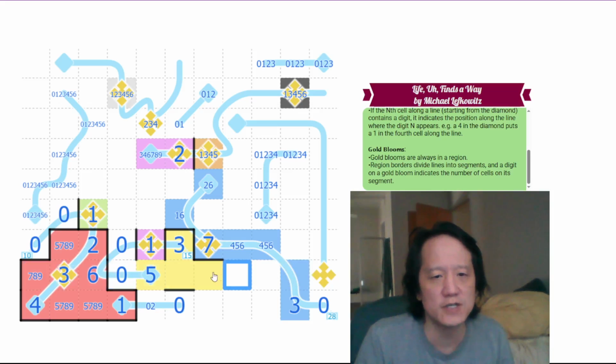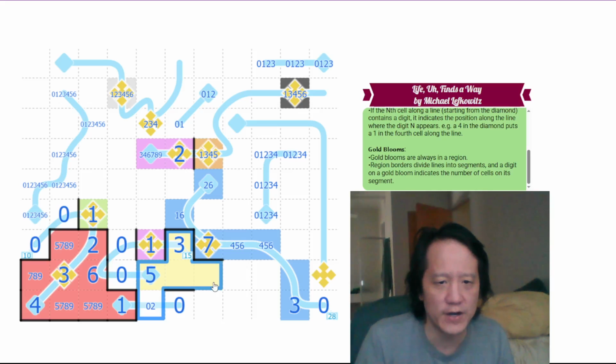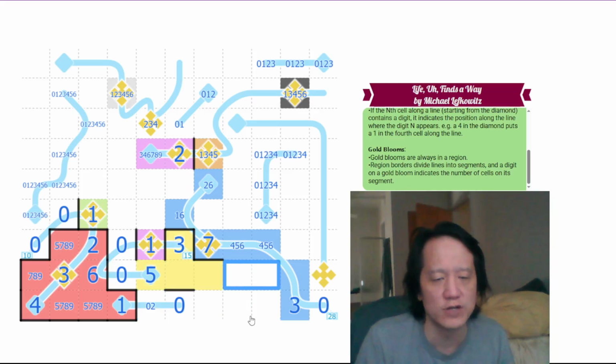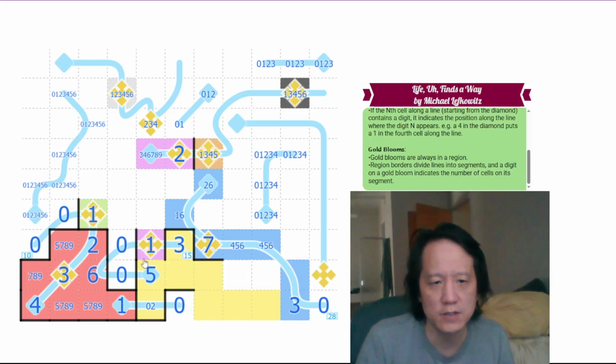So 2 of these have to not be a digit, so one of these two cannot. Which means we have 1, 2, 3, 4, 5, 6, 7, 8, and then one of these as 9. So this has to be guaranteed to be this way. So this is yellow. That's done. So this is done as a region. That's done. And then we don't know where it actually ends. So the blue as a region cannot go down here.